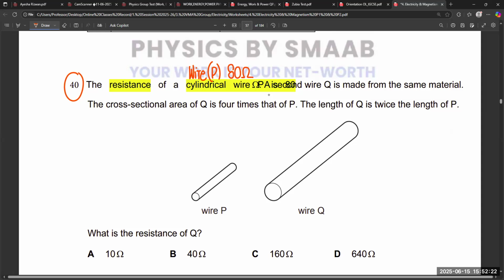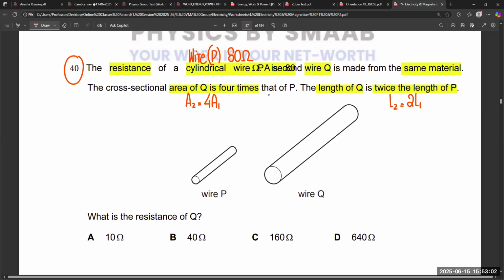So wire P has a resistance of 80 ohms. Then we have wire Q, which is made from the same material. The cross-sectional area of Q is 4 times that of P, and the length of Q is twice the length of P. Again, the same concept: the area of the second wire is 4 times the area of the first, and the length of the second wire is 2 times the length of the first.